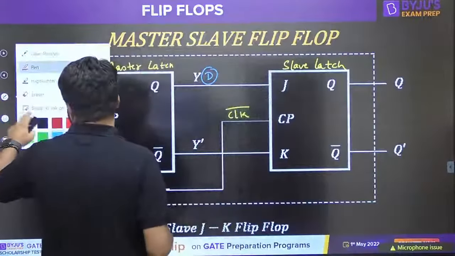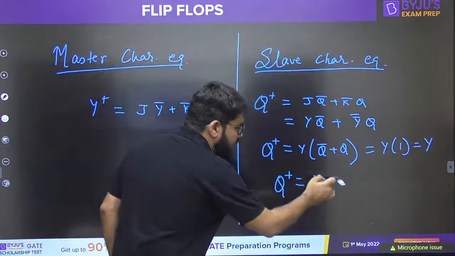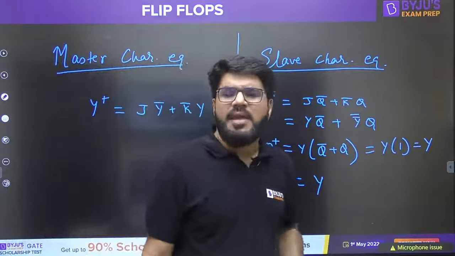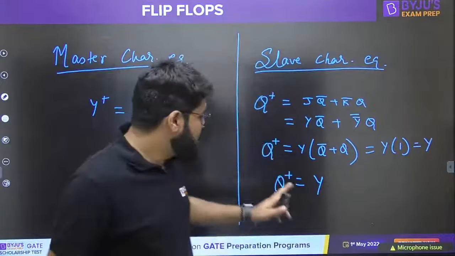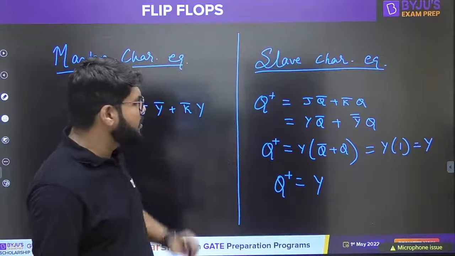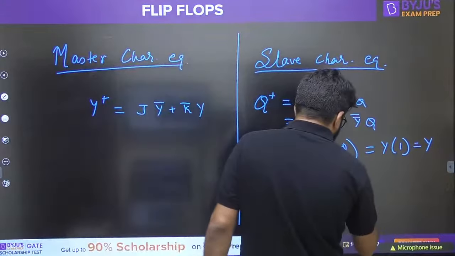Tomorrow is all about flip-flop conversion, but in just one case I have explained that the slave, that is the JK latch, is actually behaving like a D latch, just copying the data which is produced by the master. That is why this is known as slave.